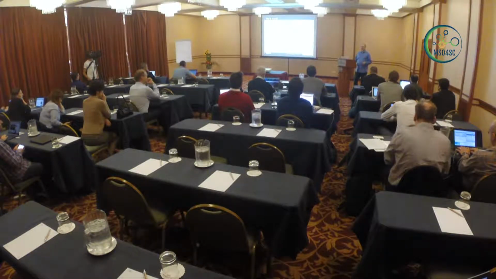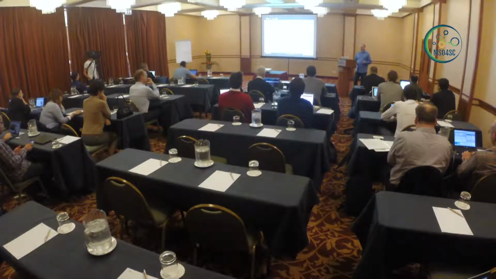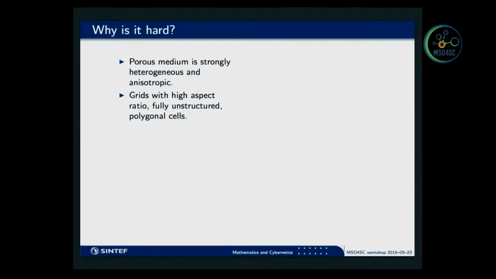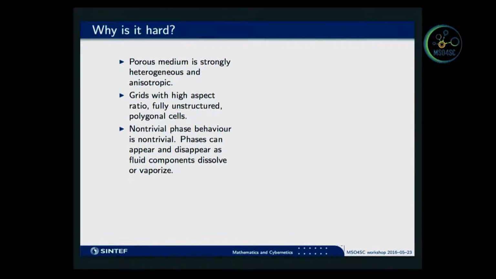But they typically have quite high anisotropic ratios, and also anisotropic and heterogeneous effective properties like permeability. I already mentioned that the grids are usually fully unstructured due to the faults, especially. And phase behavior is non-trivial, and it's also a part of this.